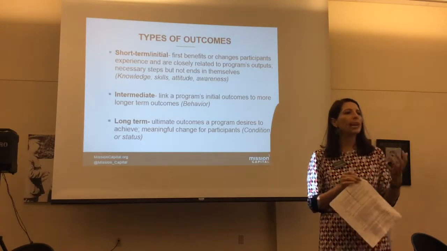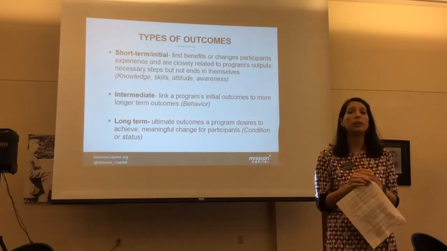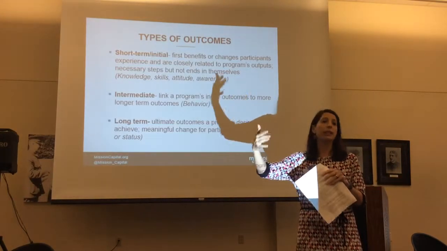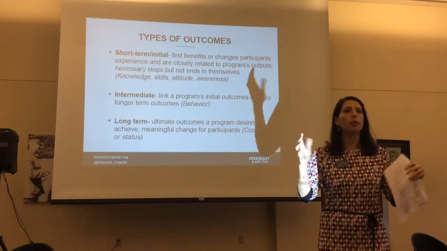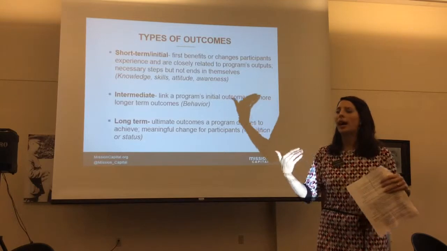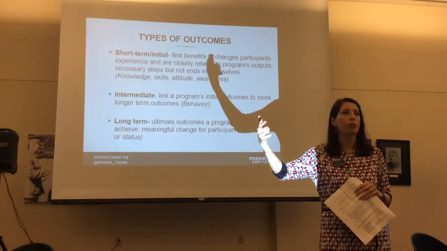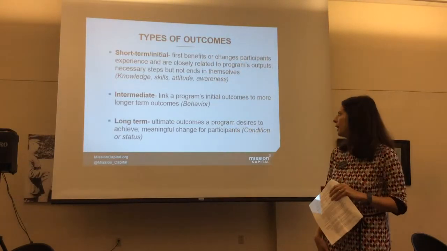And then later on, you might have some of those more medium or intermediate changes. That could be something like behavior. If you teach someone and it actually leads to a specific change in behavior. And then finally, long-term might be those more ultimate outcomes that you're hoping for. Some folks actually use the term impact for that. So a long-term outcome and an impact can be the same thing.